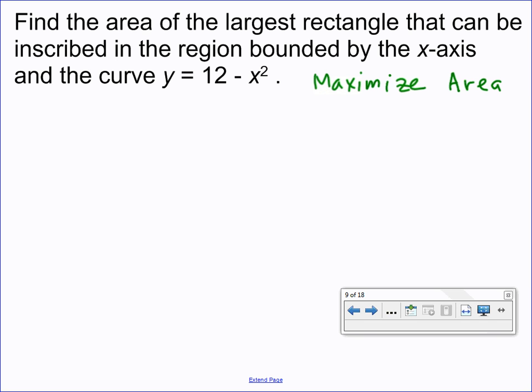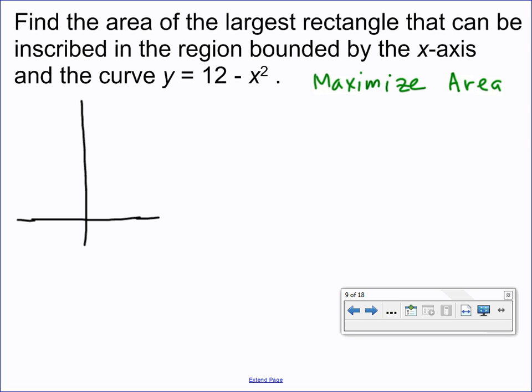Next, we want to go ahead and draw a picture and label with relevant quantities. In this case, we're talking about inscribing the area in the region bounded by the x-axis and a parabola, 12 minus x squared. Let's go ahead and get a little sketch of that. There's my xy axes, and maybe a little bit bigger. And y equals 12 minus x squared.